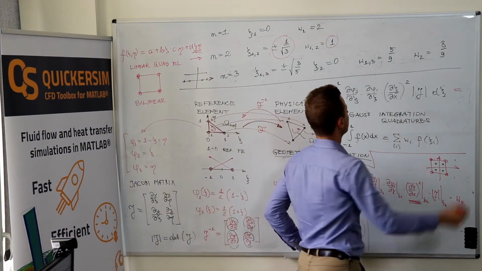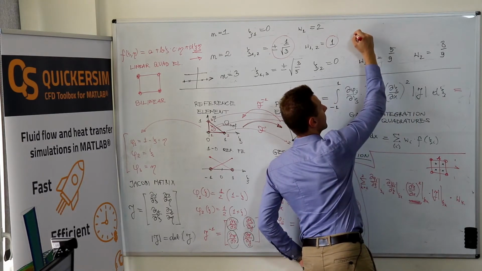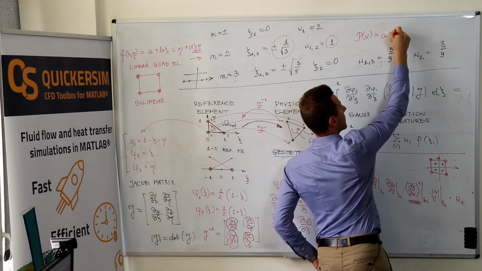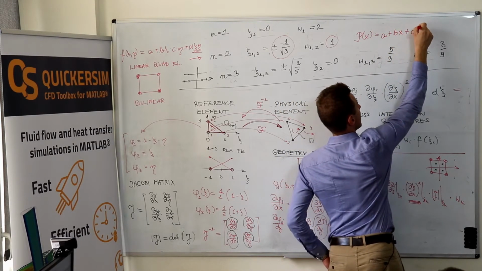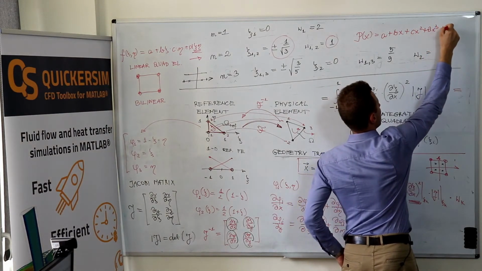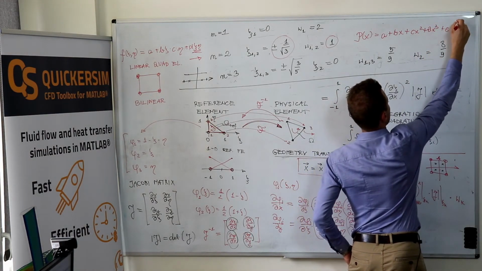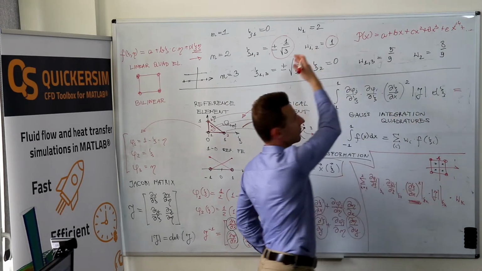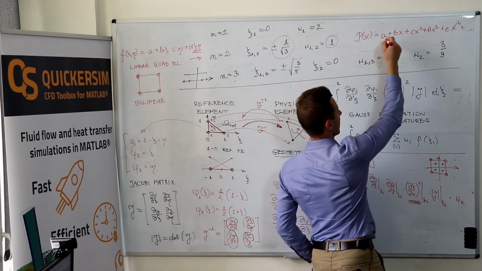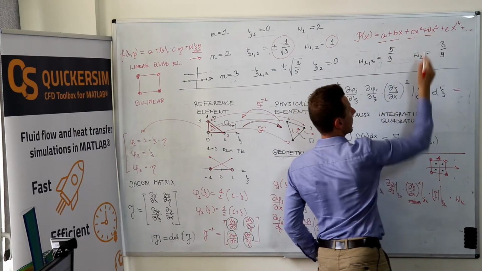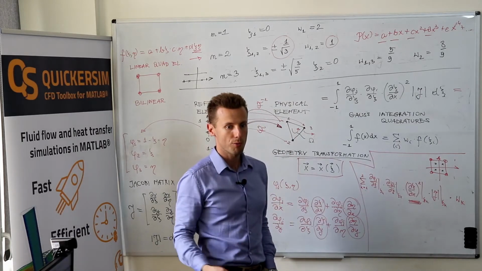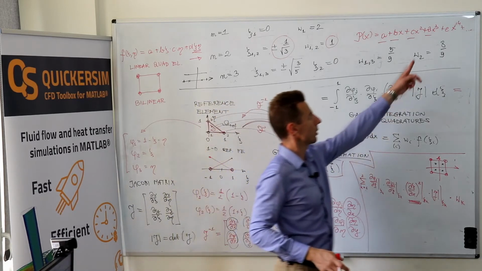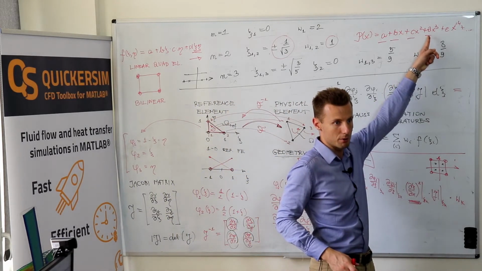And now, any polynomial is like a plus bx plus cx squared plus dx cubed and so on. You've got 4 free parameters, so you can write a system of equations to fulfill the value of the integral correctly for polynomials of the third order.